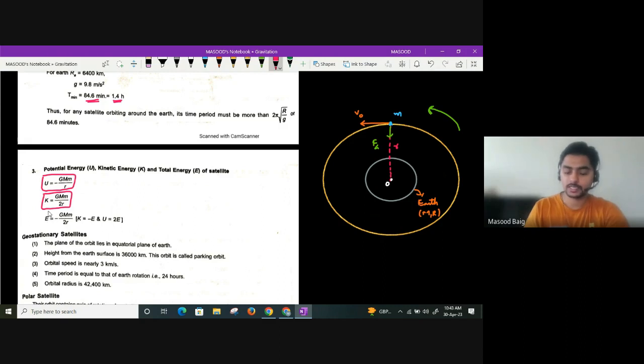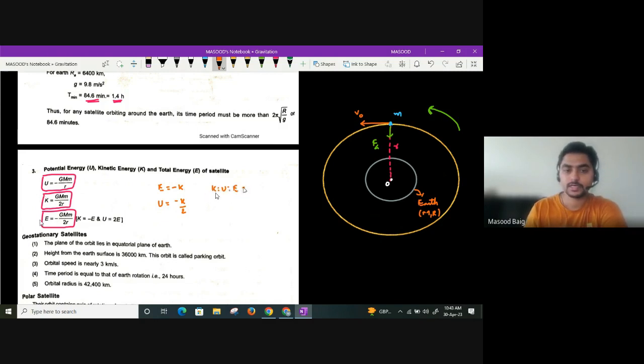What is total mechanical energy? It is the sum of kinetic and potential energy. You'll get it as G capital M small m divided by 2r, but negative, guys. So what we can tell here, the total energy will be minus of kinetic energy. And potential energy, if we consider kinetic energy as K, it will be minus of 2K. So if they ask you to find the ratio of kinetic energy to potential energy to total energy, what will I get?